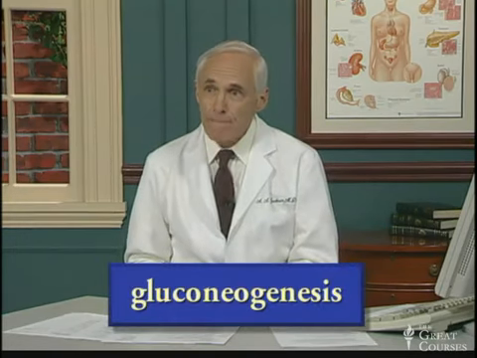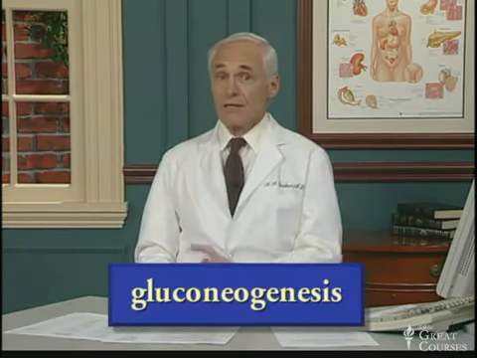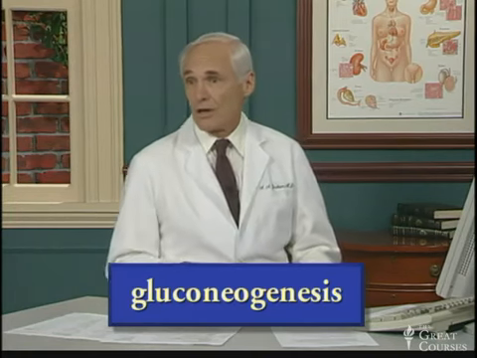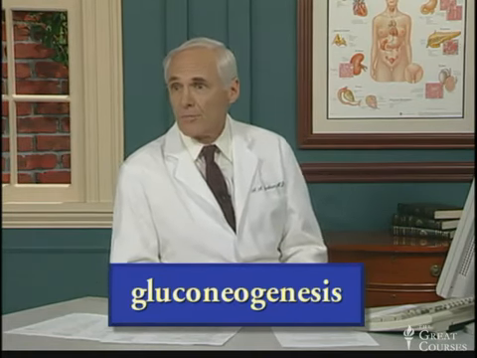The hepatocytes can also convert amino acids into glucose. So as I mentioned in another earlier lecture, it can take these little building blocks of protein, which really don't look very much like glucose, and perform chemical surgery on them and turn them into sugar molecules. That's called gluconeogenesis, meaning new glucose taken from something that wasn't glucose at all, but rather a protein molecule.